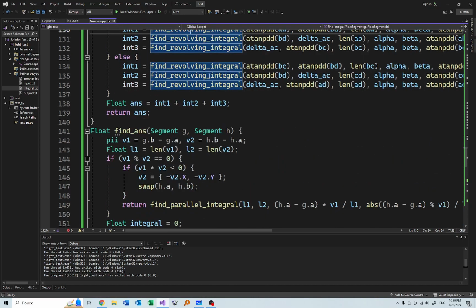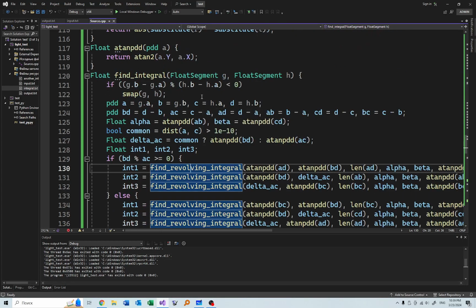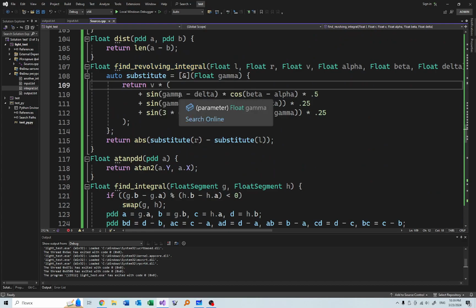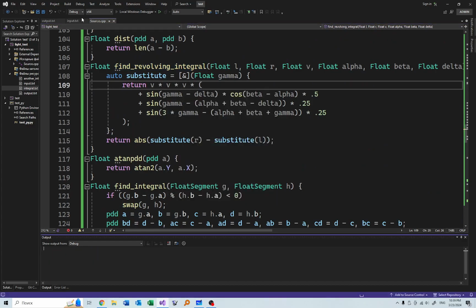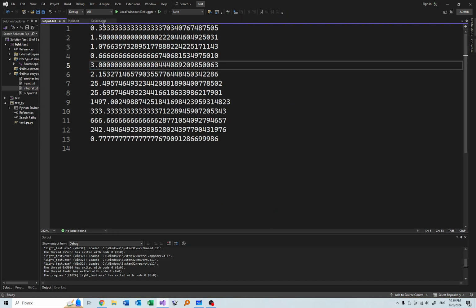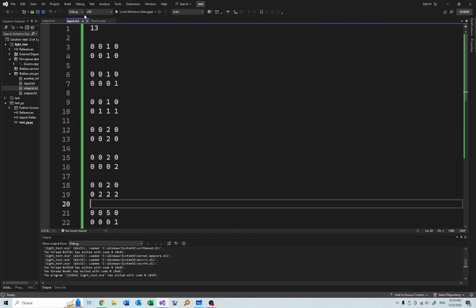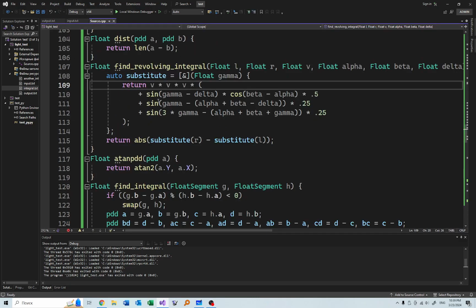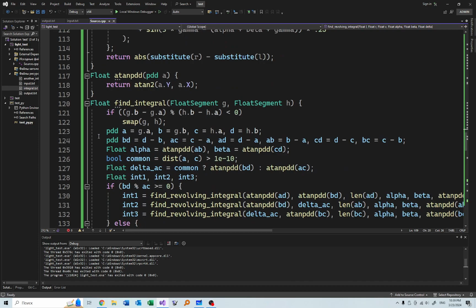It's really strange. Maybe I need to multiply it by v cubed. Yeah, maybe I need to multiply it by v cubed. At least now it doubles when I double everything. So it seems like we need to investigate this thing.